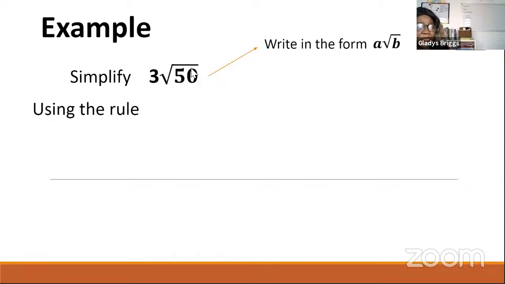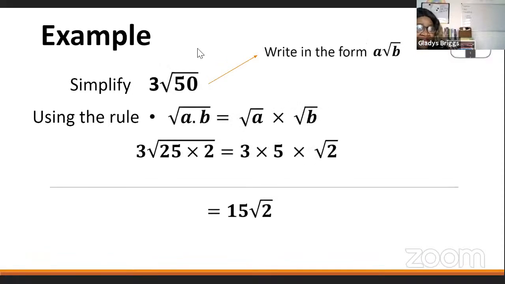Now also, if you have something written like this, let's say 3 times root 50, and you're being asked to simplify it, then you need to simplify the number inside: 3 times the square root of 50. Think about the factor pairs of 50: you can have 50 times 1, 25 times 2, 10 times 5.